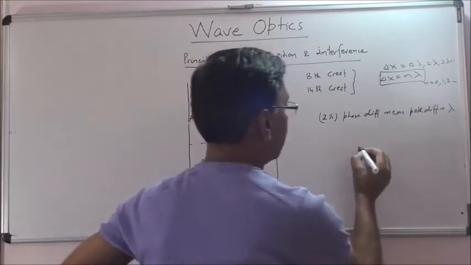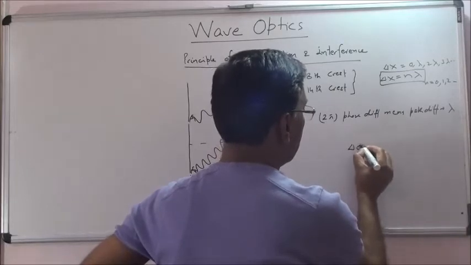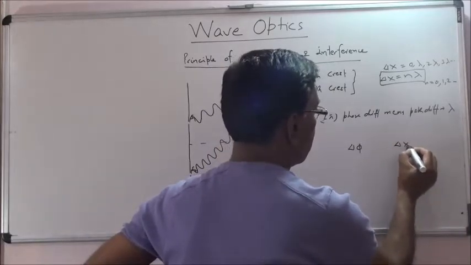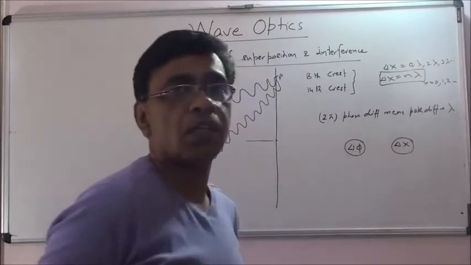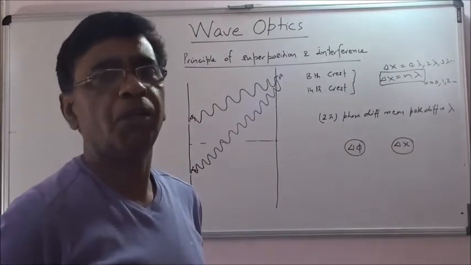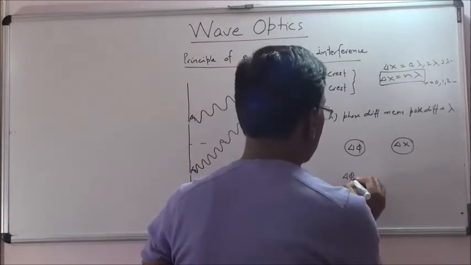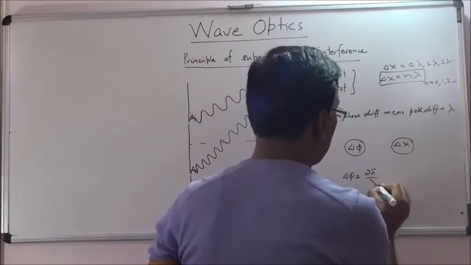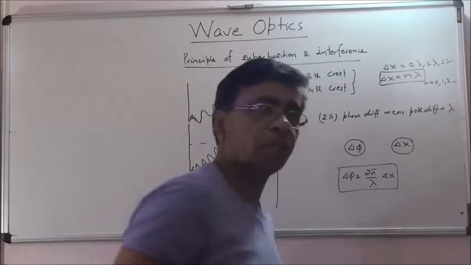So what is the relation if I take del x as path difference and del phi as phase difference between any 2 points? So the phase difference is 2 pi by lambda into path difference. I've just applied the unitary method.